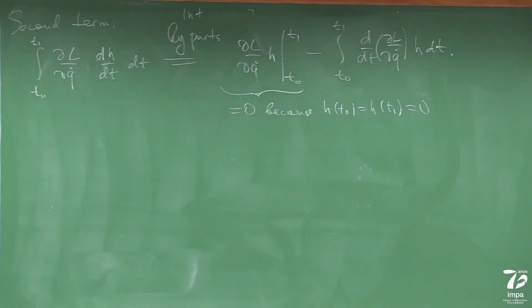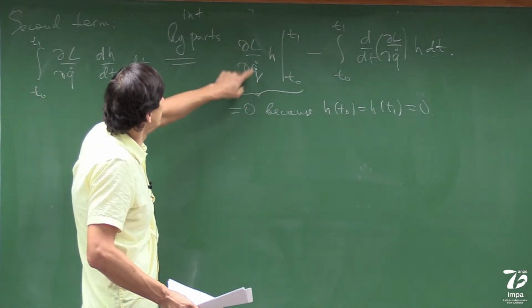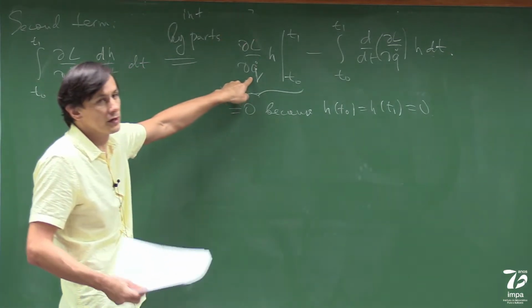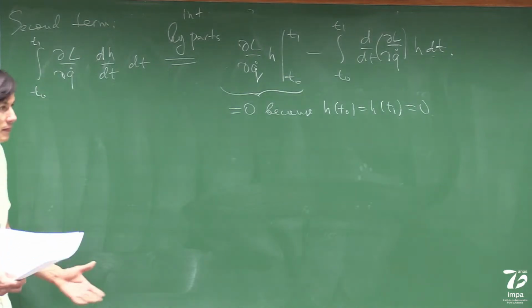So you can check that the theory will only work if this is 0, and if it's 0, that means that L does not depend on the derivative. Then we come to a theory where the Lagrangian does not have derivatives at all, and I already mentioned this does not give any physical meaning.